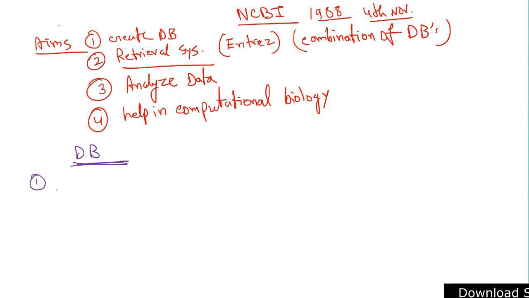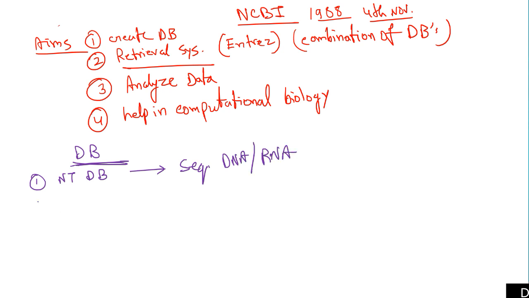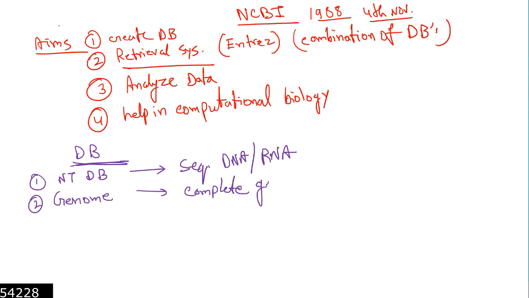One of that kind is the nucleotide database, which is the sequence database, DNA sequence and RNA sequence database. Second is the genome database, where we have complete genome information.